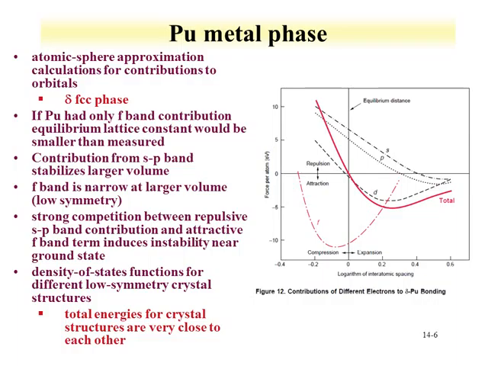And there's strong competition between repulsive s and p band contributions and attractive f band contributions, and this causes some instability near the ground state. One of the manifestations of this instability is that the density of states functions are different for the low symmetry crystal structures. What that really means is that the total energies of the crystals are close to each other, close enough that they can be expressed by heating the metal or by applying temperature.